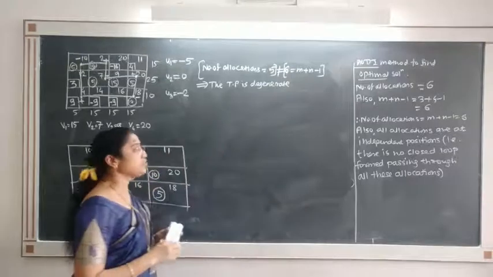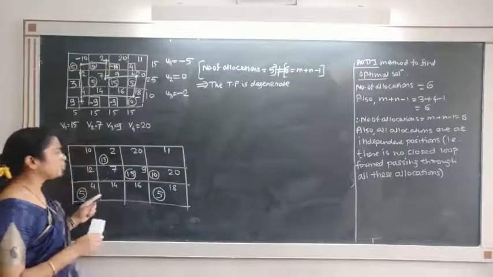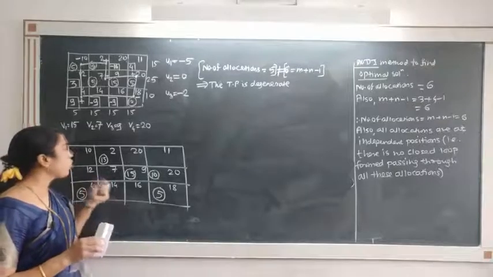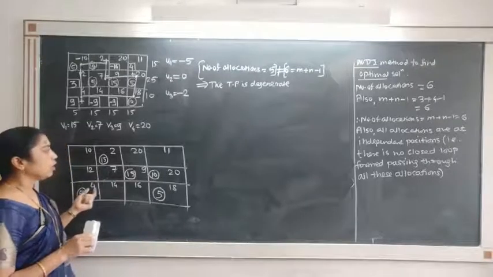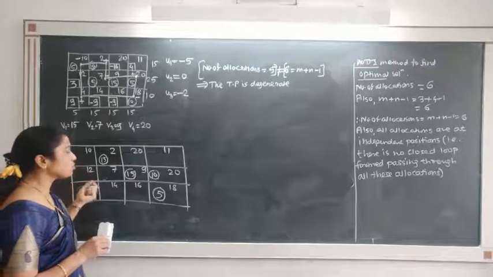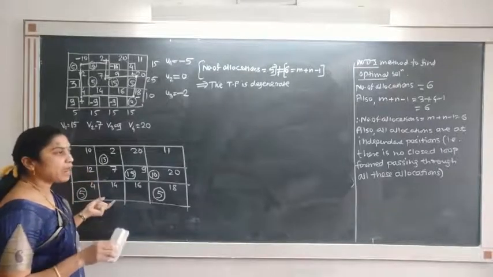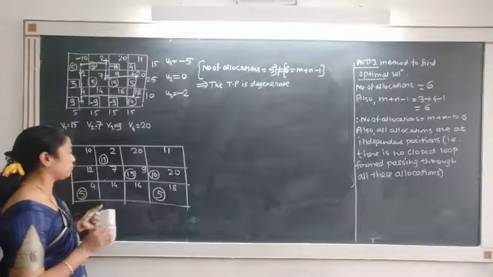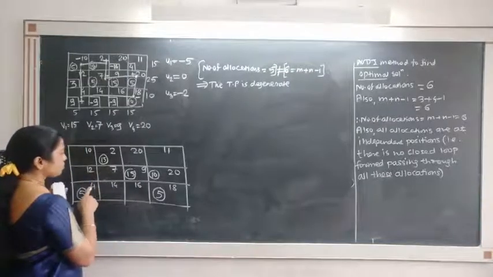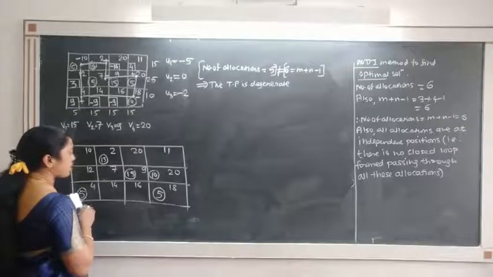And if it is degenerate, what do we have to do? We have to allocate a small quantity epsilon to a cell having the smallest cost, but it should be at an independent position. So consider the smallest cost of unoccupied cells.